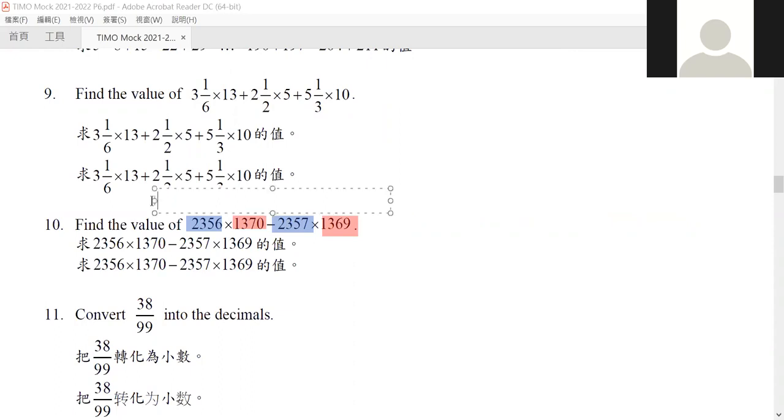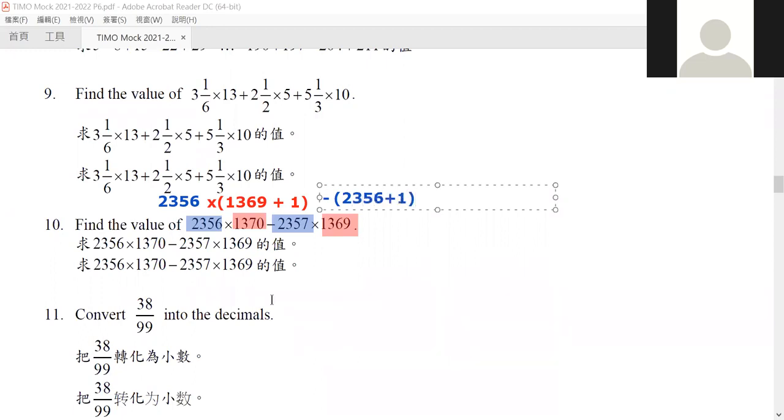So instead of writing this, let me write it in the following form. So it will be 2356 multiplied by, instead of saying that it is 1370, we write 1369 plus 1. And the second part, instead of writing 1357, we write 2356 minus 1, and then we multiply it by 1369.